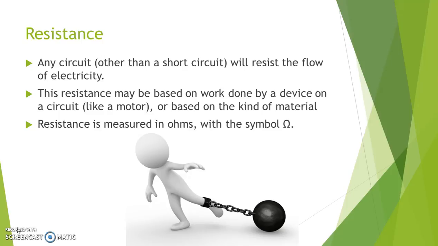Resistance, though, is measured in ohms and has the symbol of the Greek letter omega. And in a circuit, its cartoon is usually shown as a zigzagging line. So anytime we see this sort of sawtooth symbol, we'll realize that that is a resistor in our circuit.